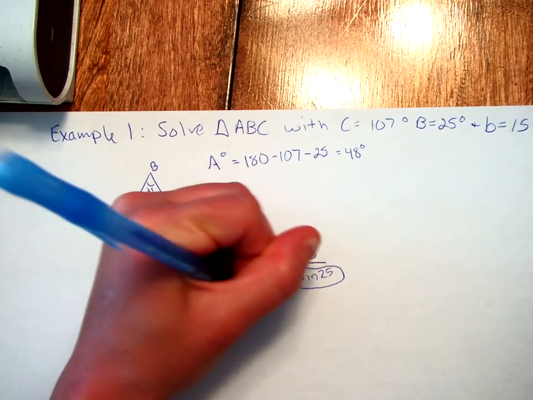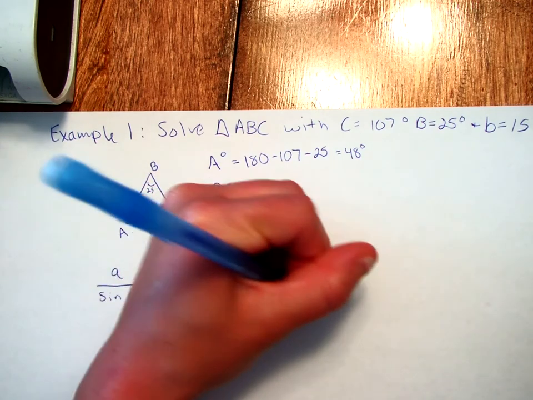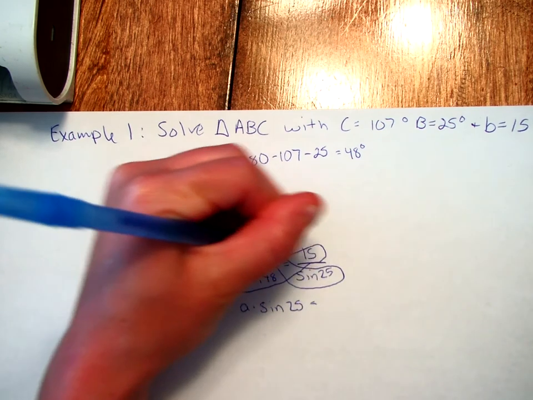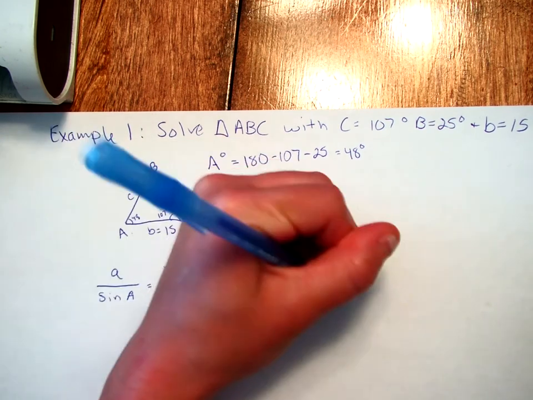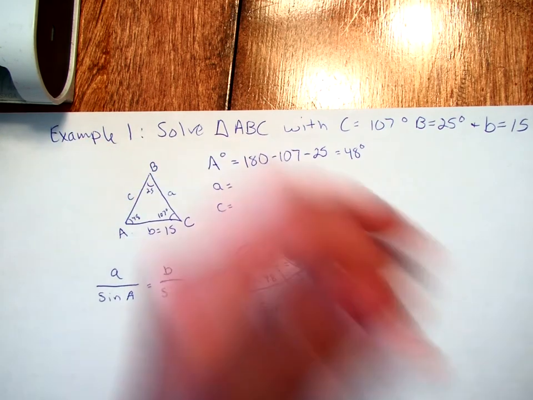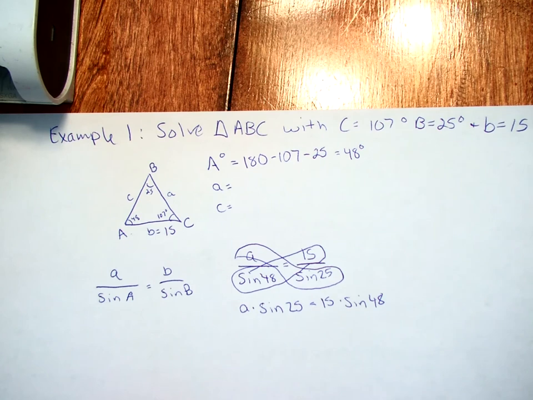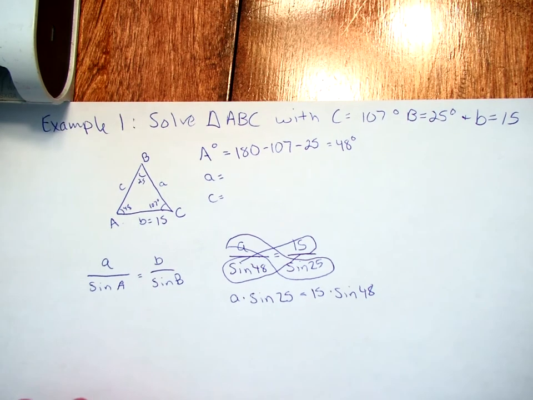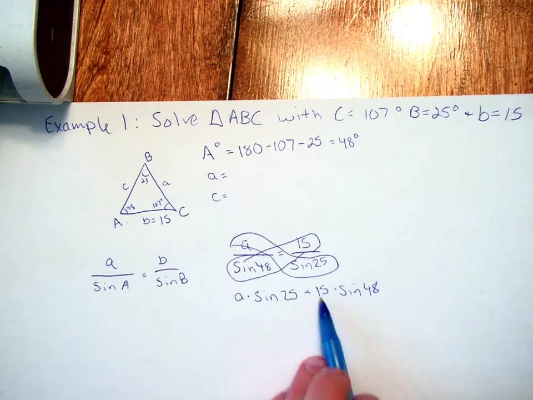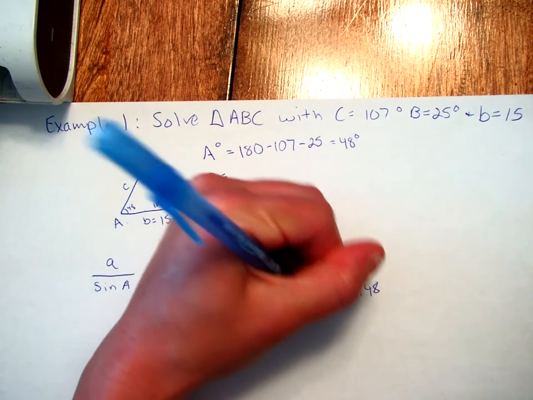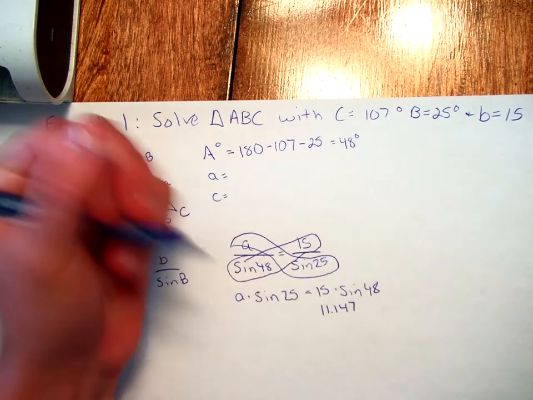Okay, now because we're set up as a proportion, we do cross products. So a times the sine of 25 equals 15 times the sine of 48. You can use a calculator. The Desmos graphing calculator might be a good one. But you're basically going to multiply 15 times sine of 48, which gives you 11.147.